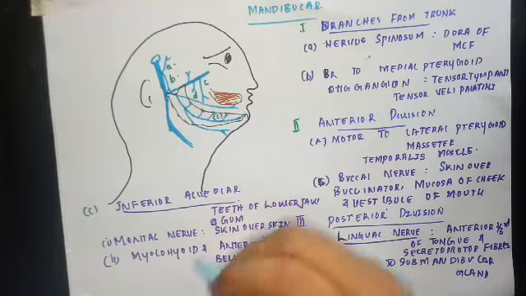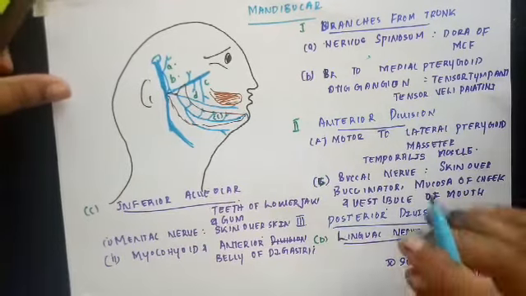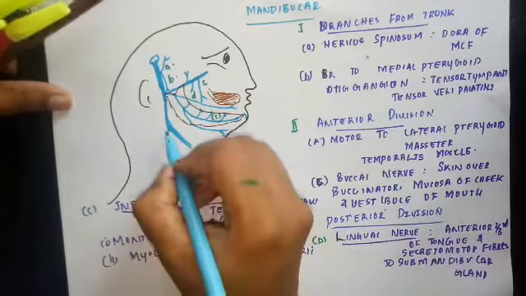And there is another branch arising from the posterior division, known as the auriculotemporal nerve.